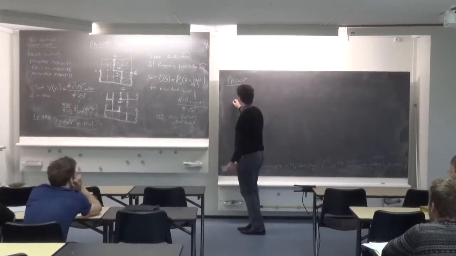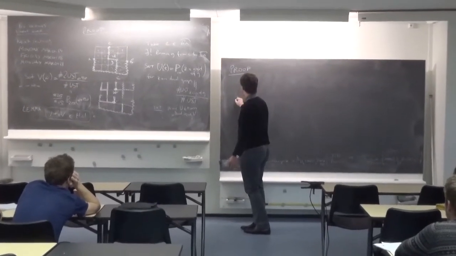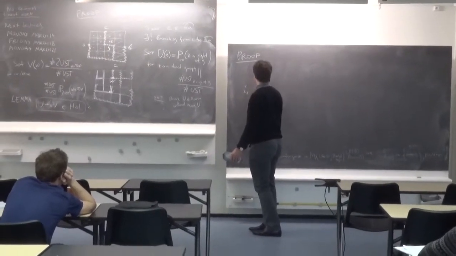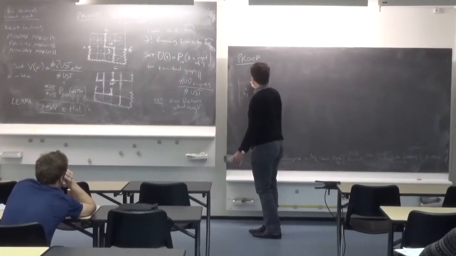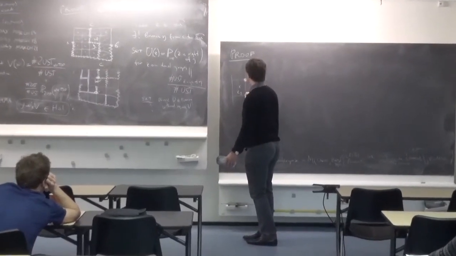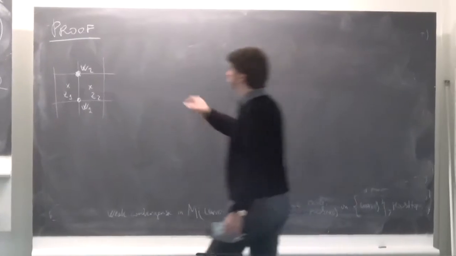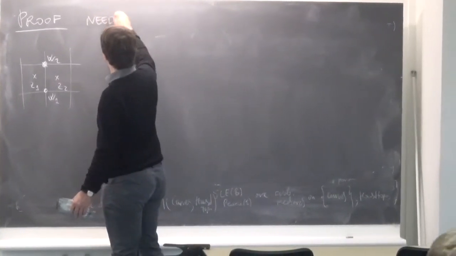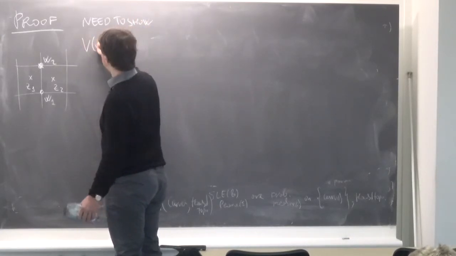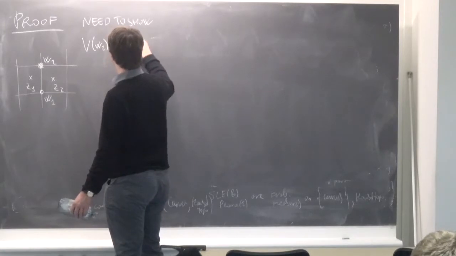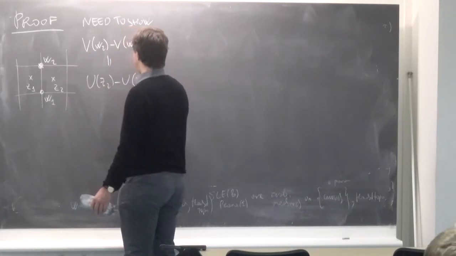Basically, if we have, for example, two points z1 and z2, and we have two points w2 and w1, we need to show that v of w2 minus v of w1 is equal to u of z2 minus u of z1.